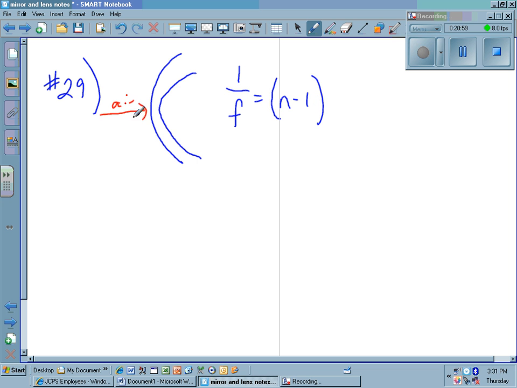Since air's index of refraction is equal to 1, I subtract 1 from the index of refraction of the lens material. Then I multiply that by the radius of the outer edge minus the radius of the inner edge. That'll give you the focal length of that lens.